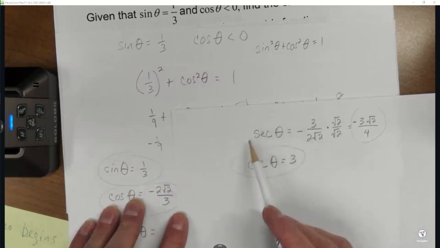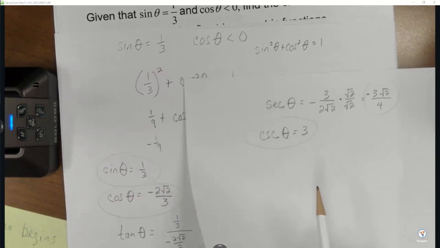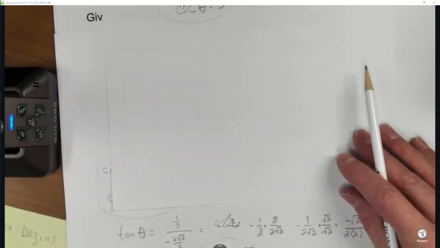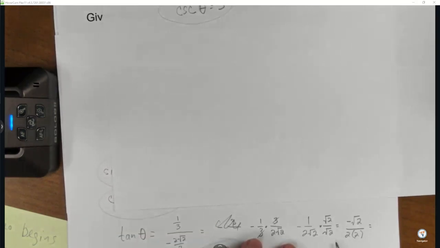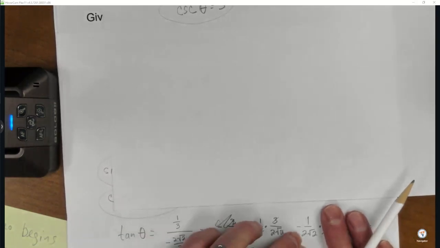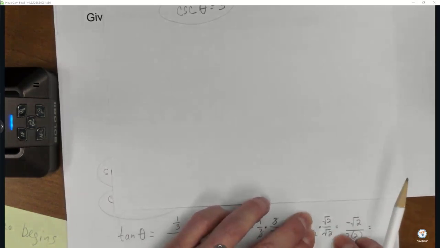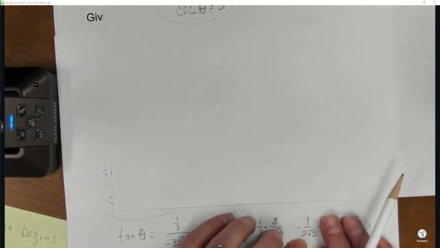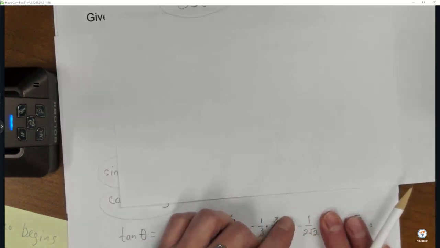So we've got the secant, cosecant. The only thing that's left is the cotangent. And if we look at what the tangent was here, before I rationalized it, I can flip that, right? I multiplied it by this so we could rationalize the denominator. But if I'm going to flip it, then that radical is going to be on the top.